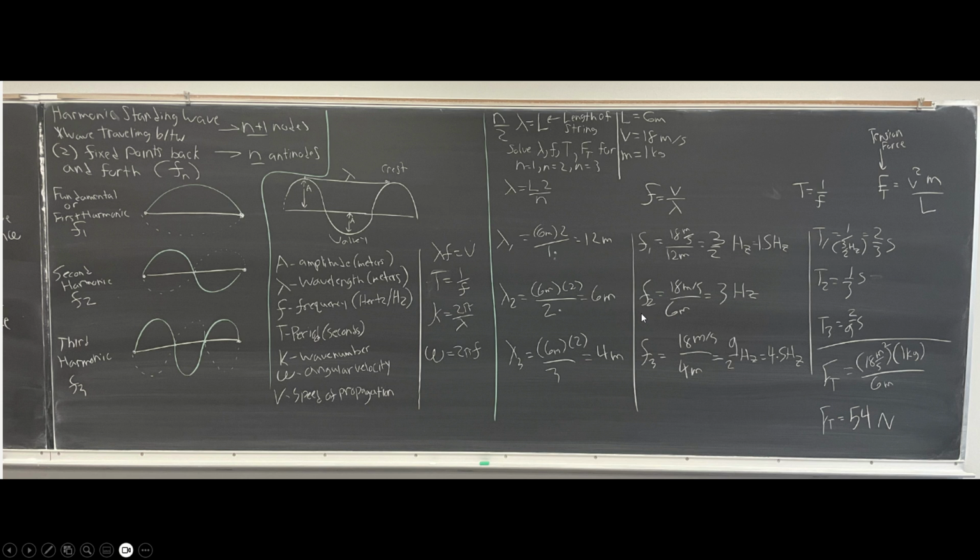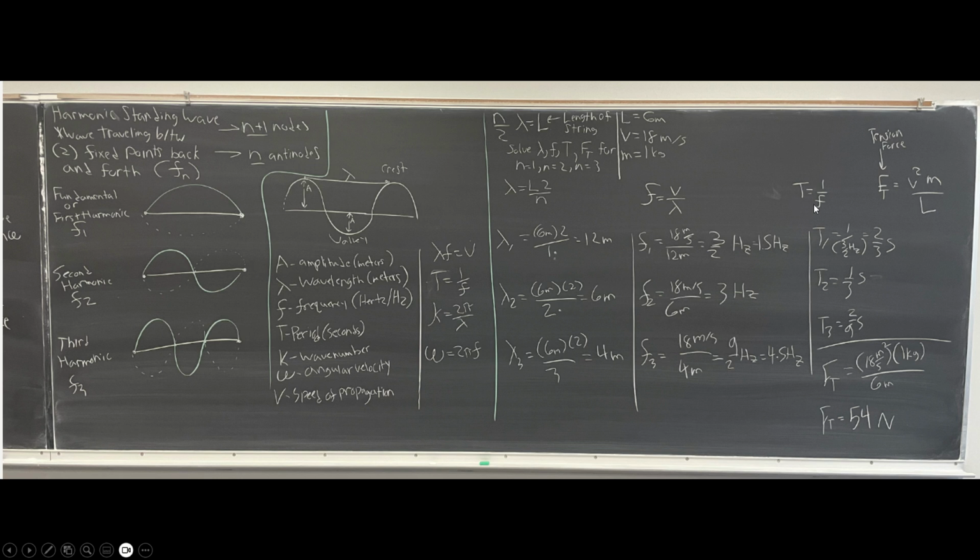For the second harmonic's frequency, we have our speed of 18 meters per second divided by our wavelength of 6 meters, giving us 3 hertz. And then the third harmonic, that's the speed of 18 meters per second divided by our third wavelength, 4 meters, giving us 9/2 hertz, or 4.5 hertz.